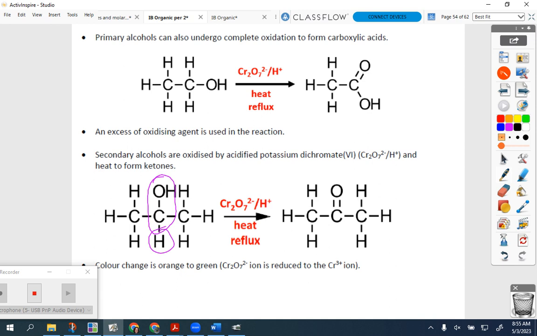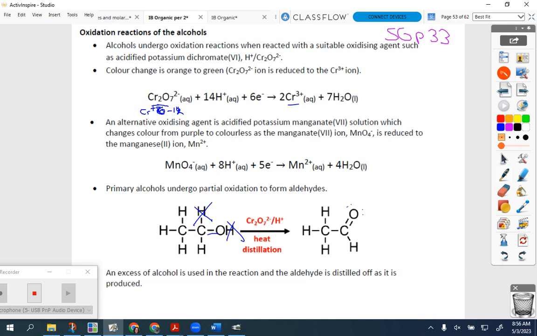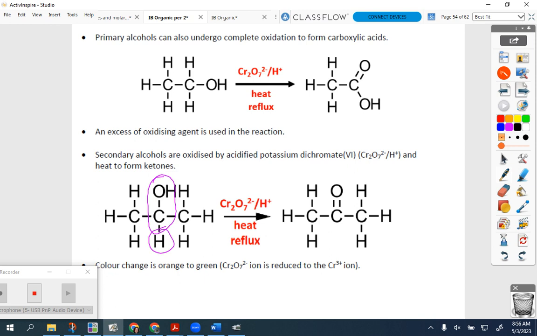So secondary alcohols can only turn into ketones, but primary alcohols can be aldehydes for partial or carboxylic acids for full oxidation. In any case where we are using the dichromate for oxidation, you're going to see a color change from orange to green. Okay, that's the indicator that this reaction has happened, that the dichromate has been reduced to the chromium ion.